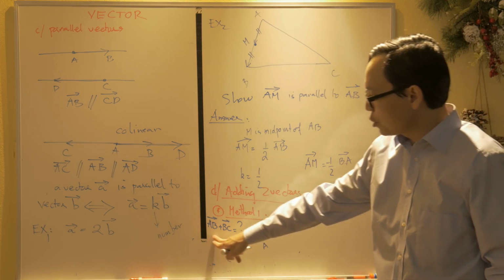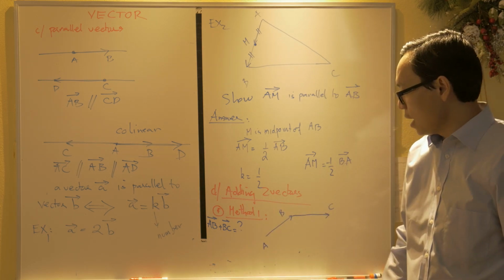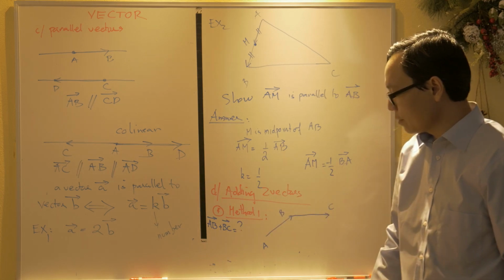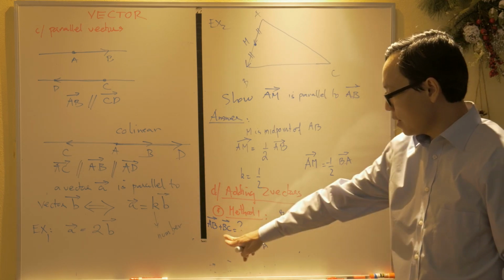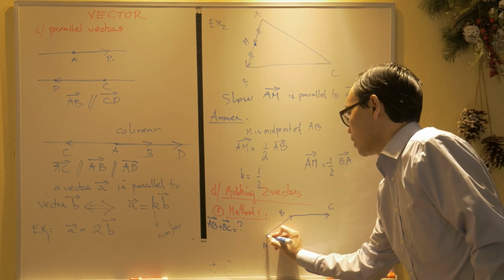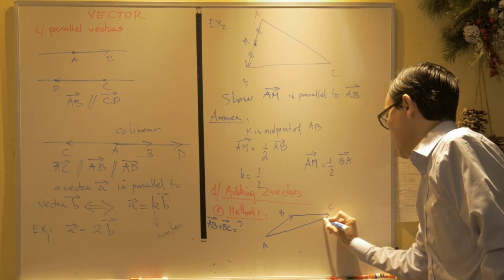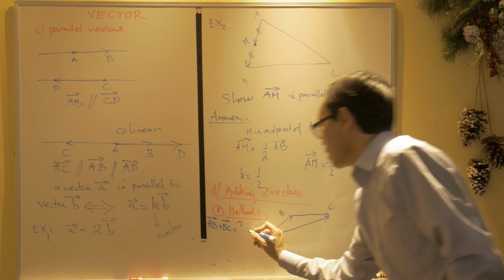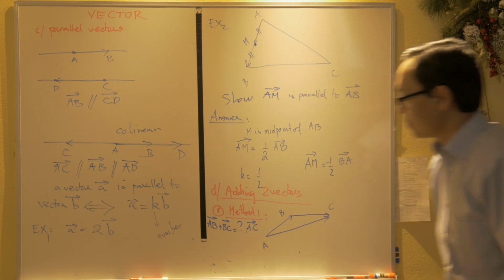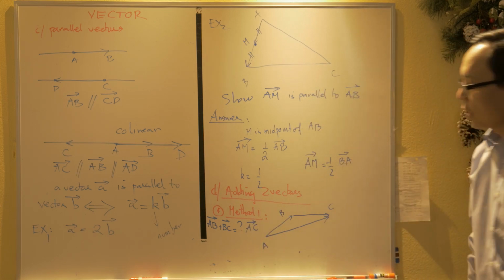When you add two vectors and you share a terminal point of one with the initial point of the other, it gives you another vector, vector AC. It doesn't give you vector CA.